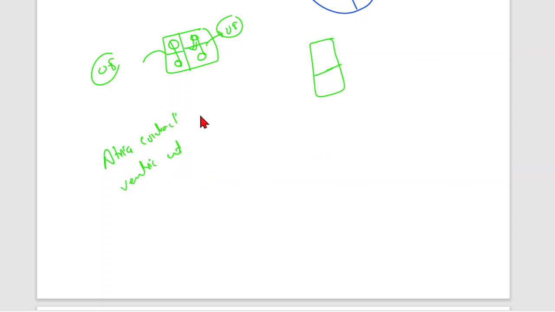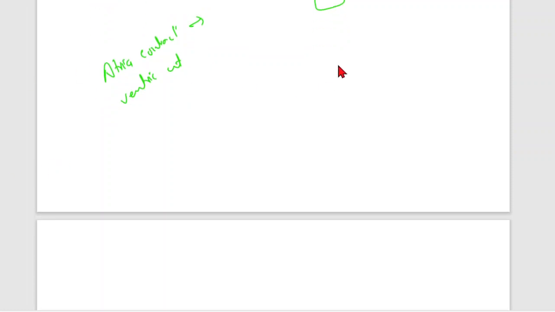Now, for example, this is your heart. First of all, in diastole, blood goes from the atria to the ventricle.